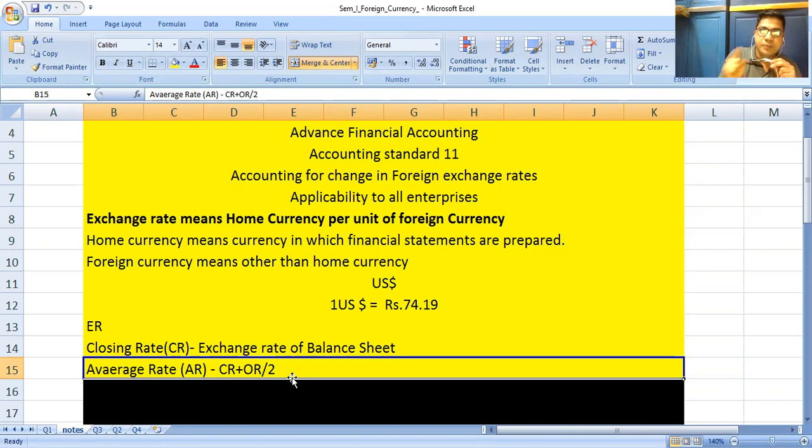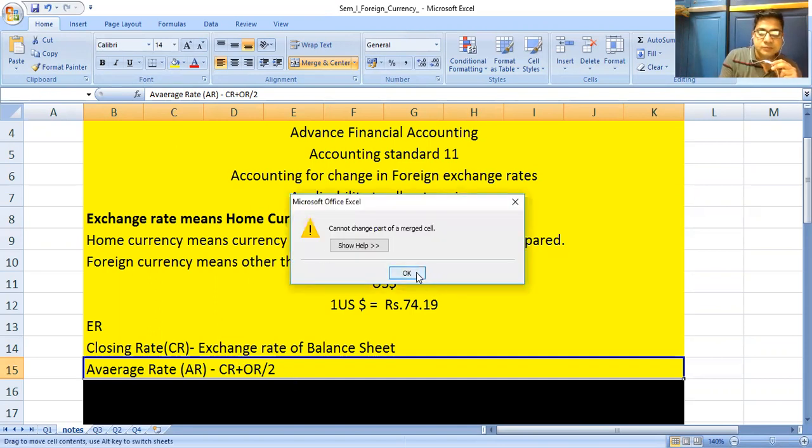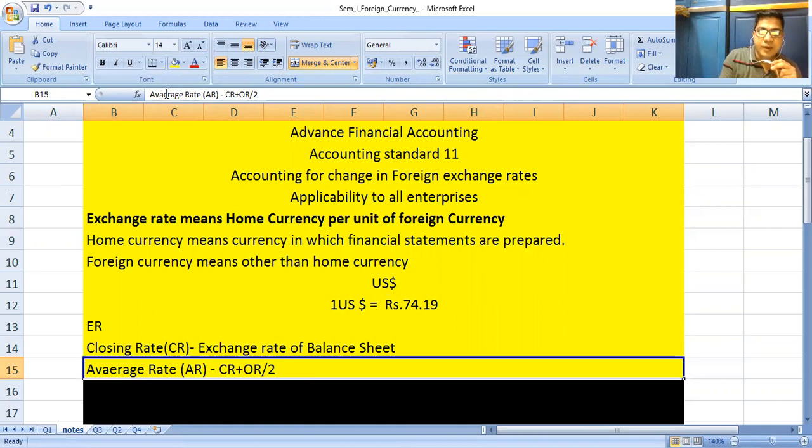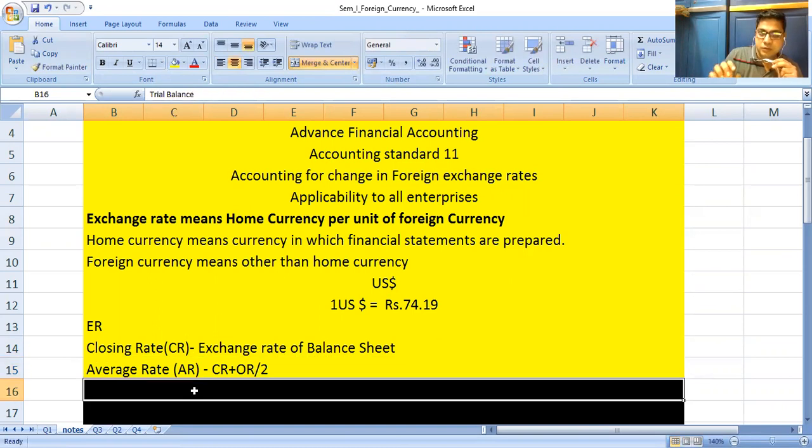Sometimes, if our problem does not provide the average rate, we find it as closing rate plus opening rate divided by 2.